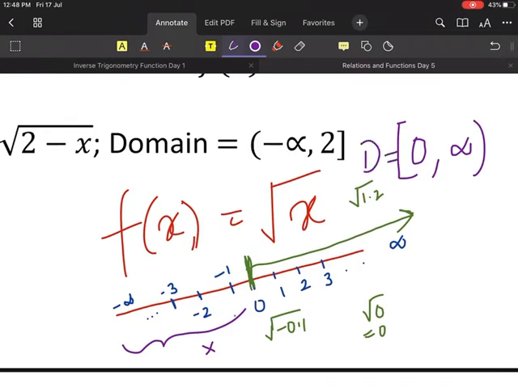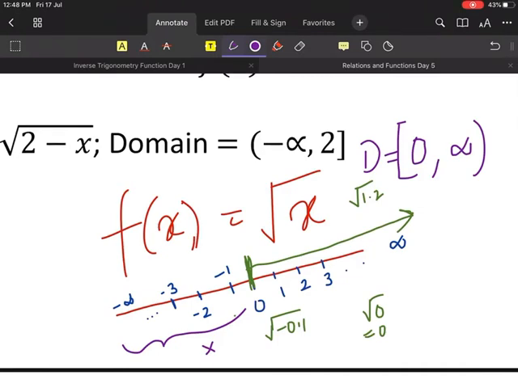So if they ask you the domain, the domain will be all the numbers from 0 to infinity including 0. Domain is all the possible values of x for which the function is defined.